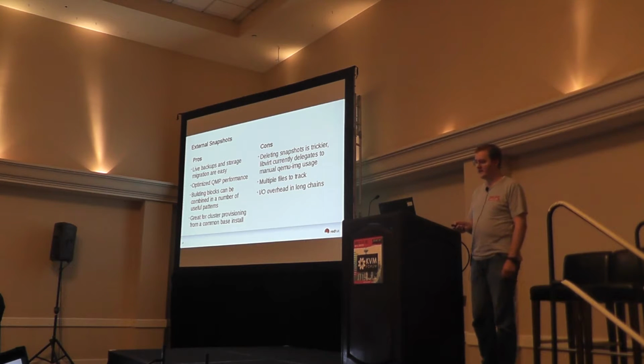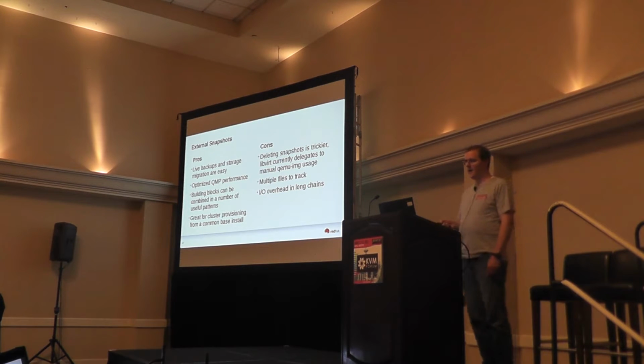On the other hand, with external snapshots, you're now managing multiple files. Deleting snapshots is a bit tricky. Libvirt still hasn't implemented the commands to do it natively, so you have to drop into raw QEMU image calls yourself, and then update Libvirt to have a consistent worldview. It'd be nice if Libvirt could track it all together. One of the other disadvantages is that the more snapshots you take, the longer your I/O chain is.